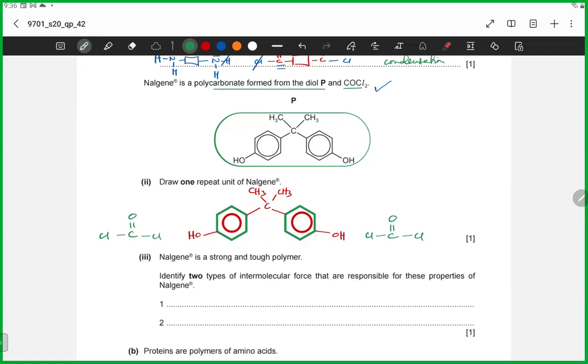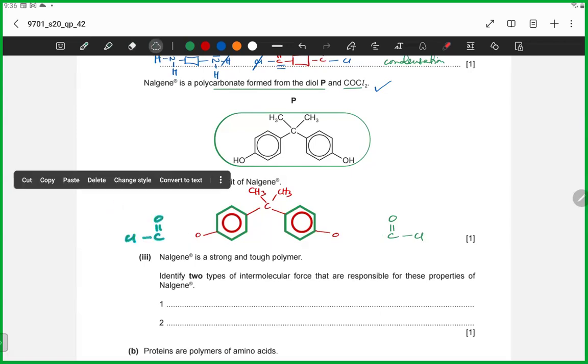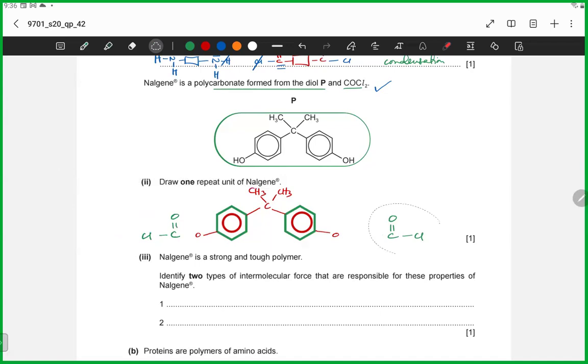And what will happen is that the OH and H are going to be lost. So the H and Cl will be lost and they're going to connect together. Condensation or elimination happens in the middle, and they join up. And this thing repeats on the ends as well.